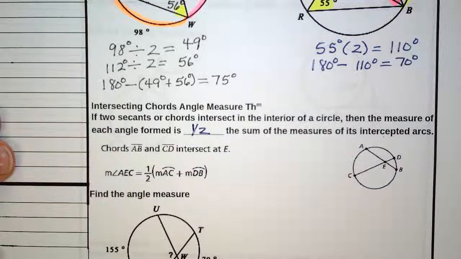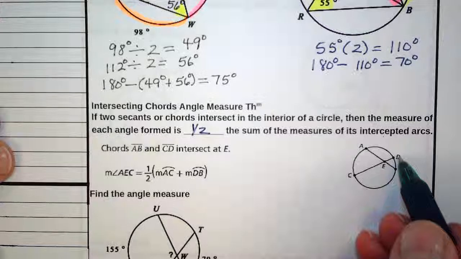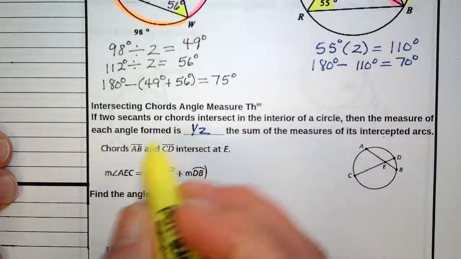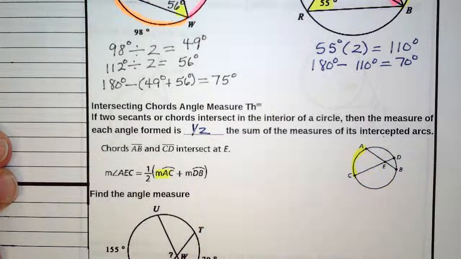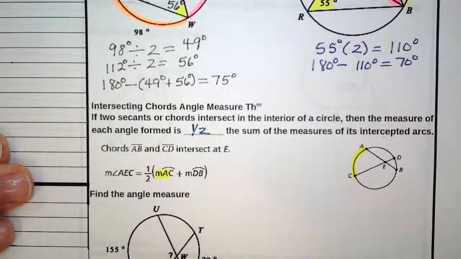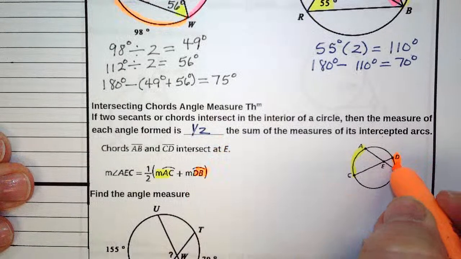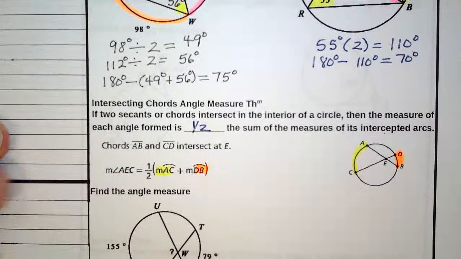If you're looking at the example, here's AC, here's DB. We would add those two arc measures together and divide by 2. And that would give us the measure of those interior angles. Both of them will be the same because they're vertical.